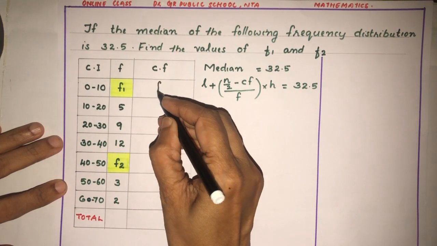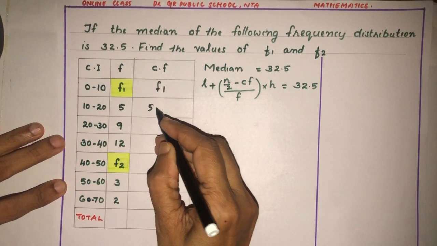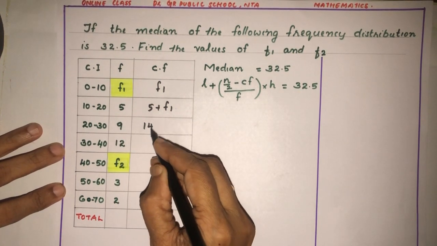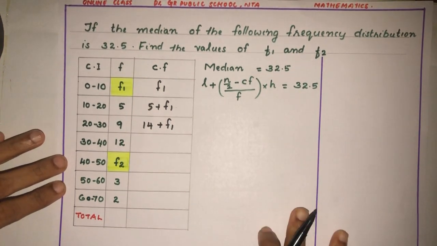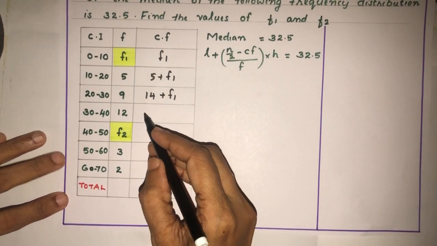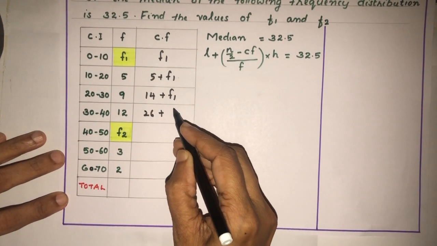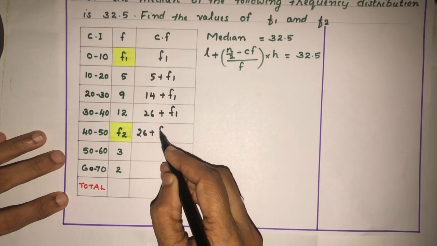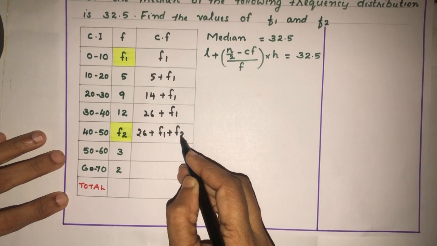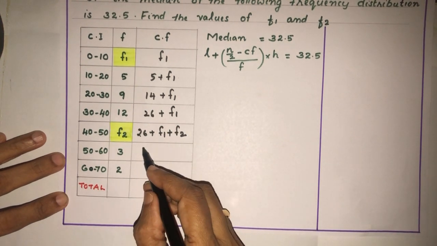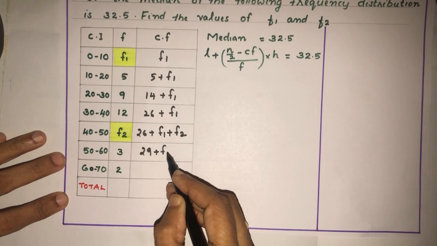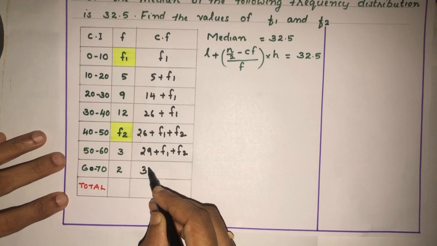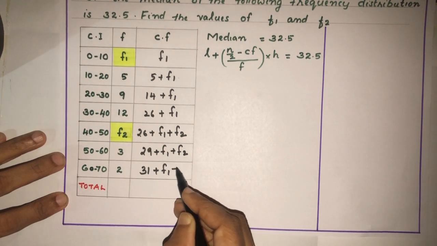First F1, then 5 plus F1, then 5 plus 9, 14 plus F1, then 14 plus 12, 26 plus F1, then next 26 plus F1 plus F2, then 29 plus F1 plus F2, then the last column 31 plus F1 plus F2.